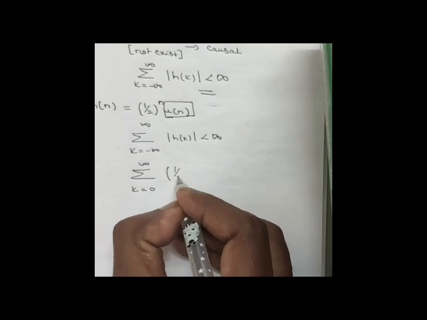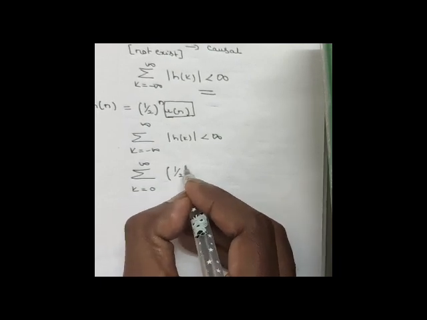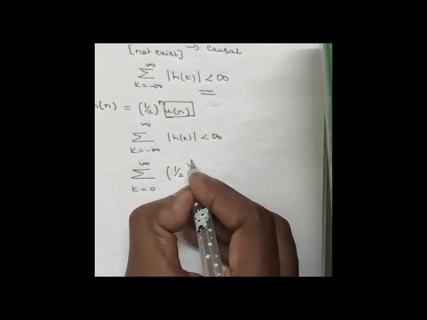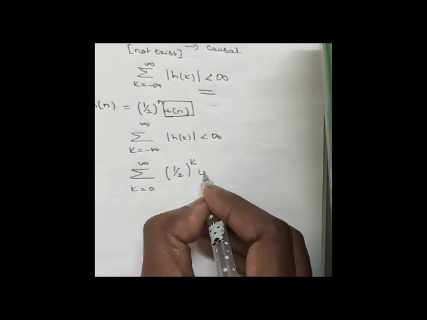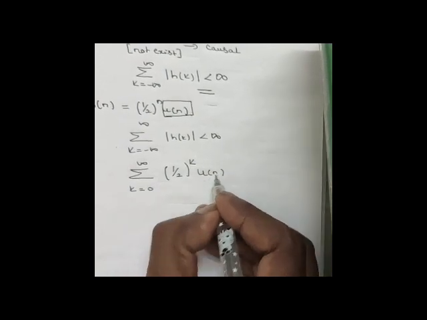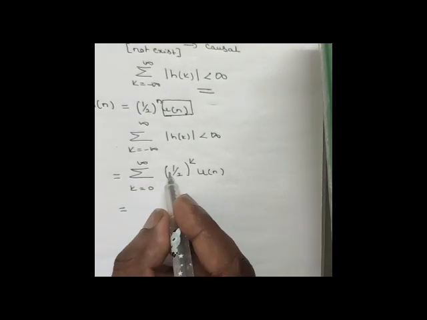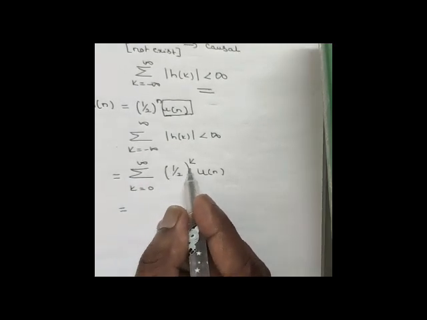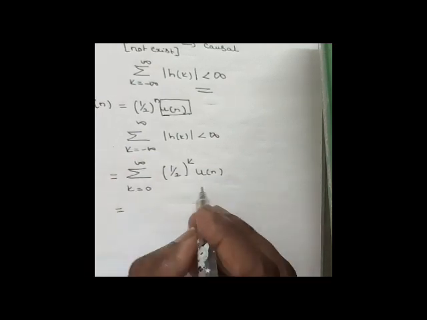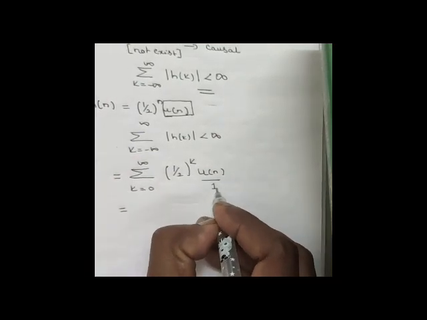Then h of n, or h of k, is given as (1/2) to the power of k into u of n. So summation k equals 0 to infinity of (1/2) to the power of k into u of n. U of n is always 1.